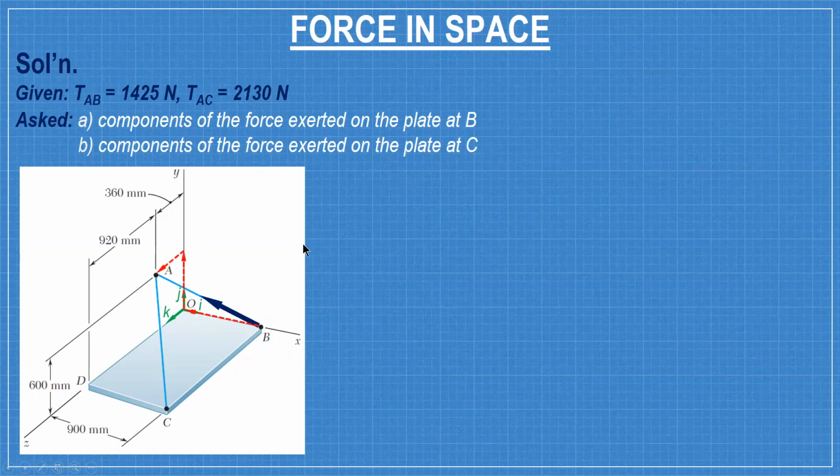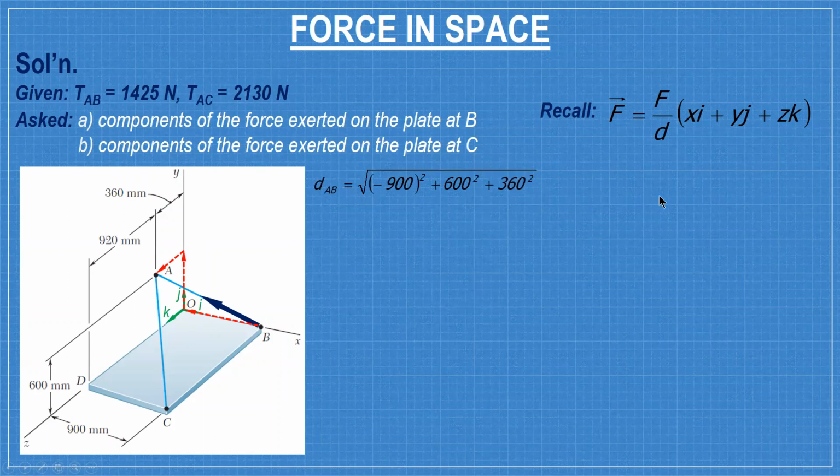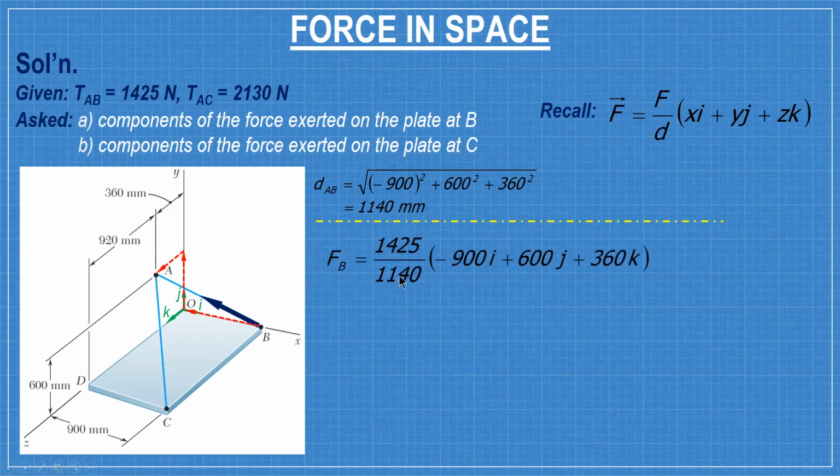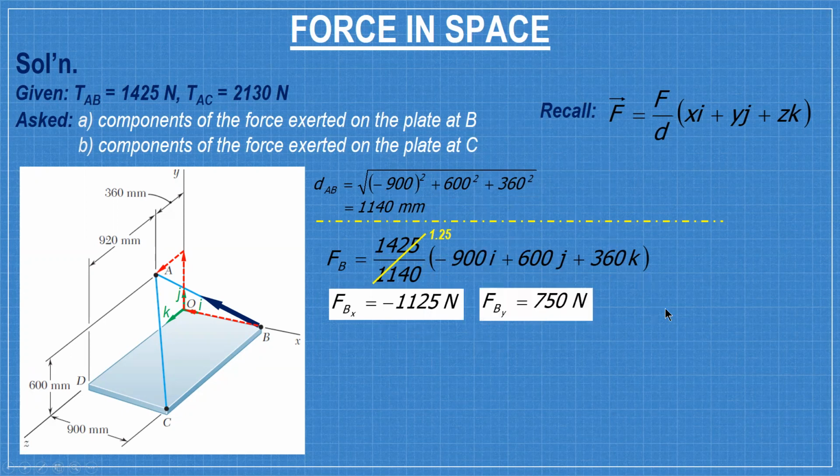Recall the distance AB: negative 900, plus 600, plus 360, is 1140. For FB, the magnitude, the scalar value over D, times the components: negative 900, positive 600, positive 360. Then you divide, and multiply 1.25 by these, giving FBx, FBy, and FBz.